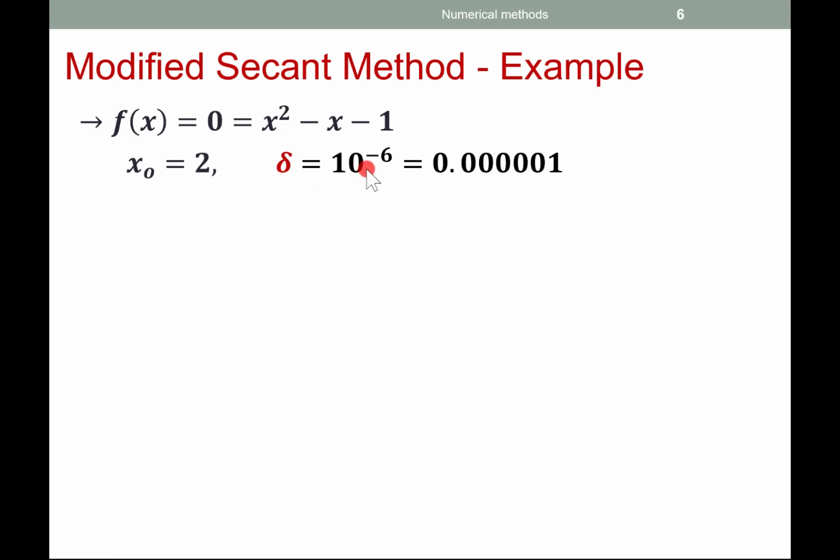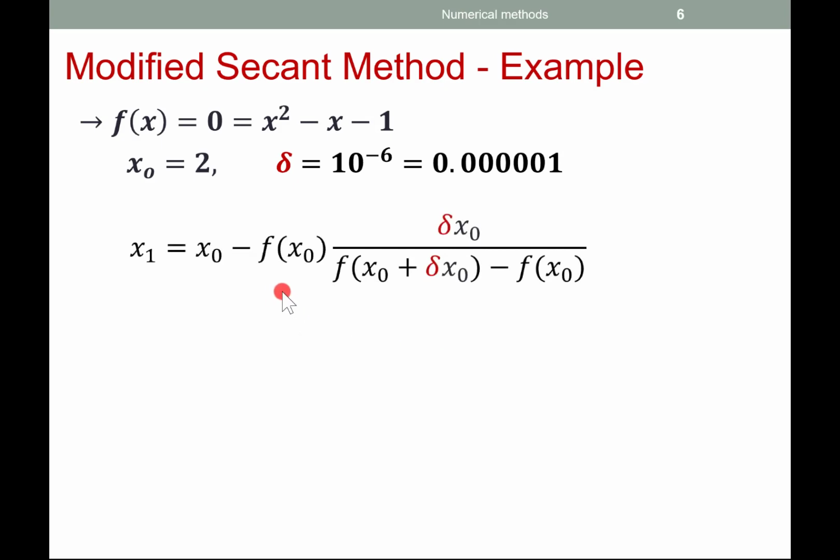Delta here is that small perturbation factor, which we're going to pick as 10 to the negative 6. So we take the modified secant equation, that's the equation. X naught here is going to be what? 2. F of x naught would be f at 2, and then this delta would be 10 to the negative 6 multiplied by 2, and so on.